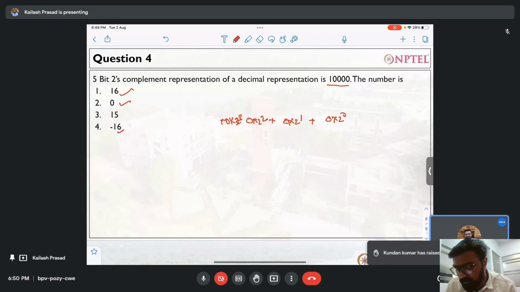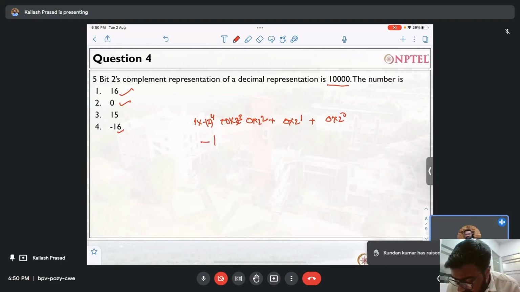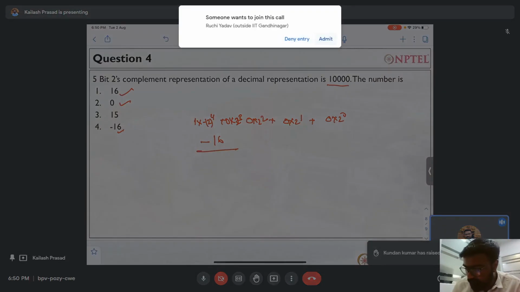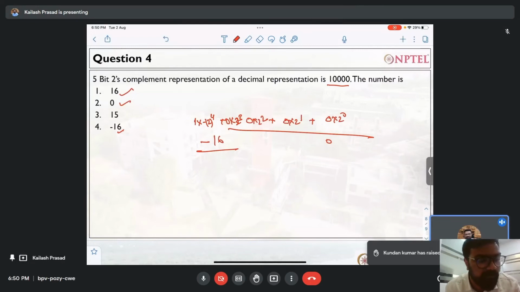So this was up to 4 digits, but for the final digit, the most significant one, you take 1 into minus 2 to the power 4. So the answer will be minus 16, because the rest are all zero. This is how we convert a 2s complement representation into a decimal representation.